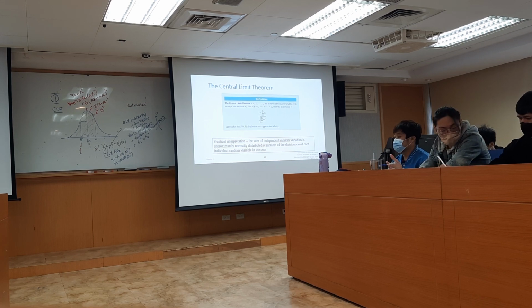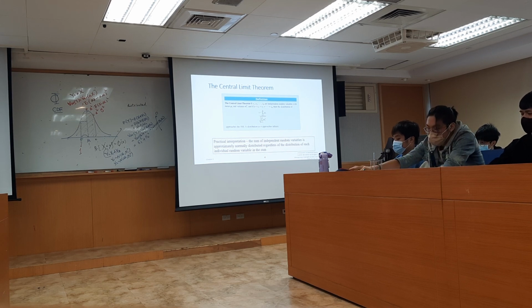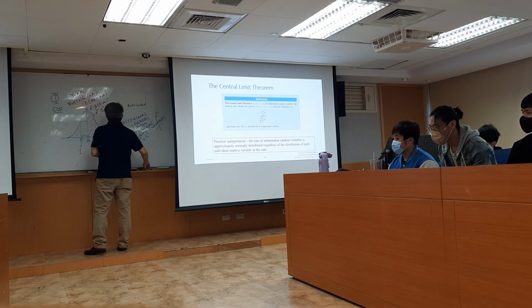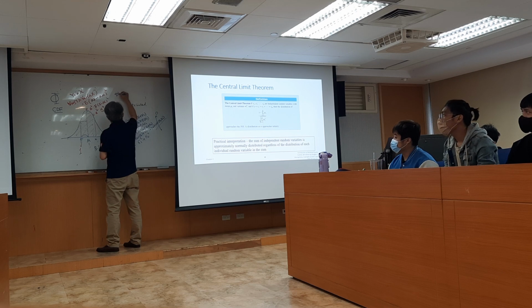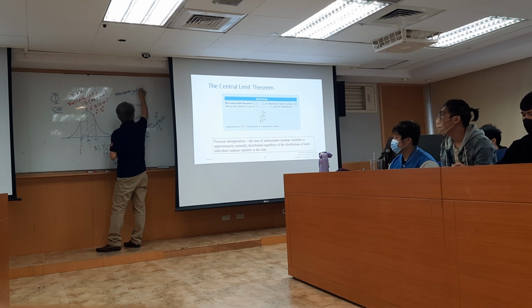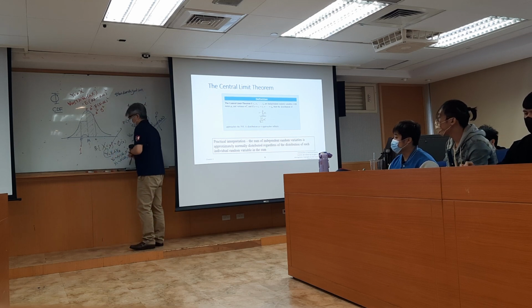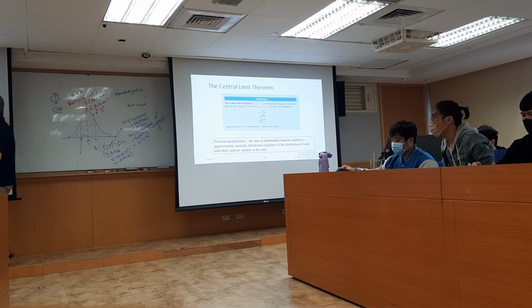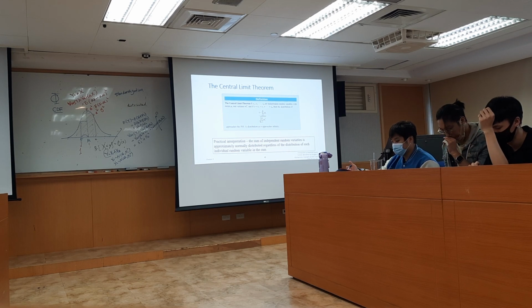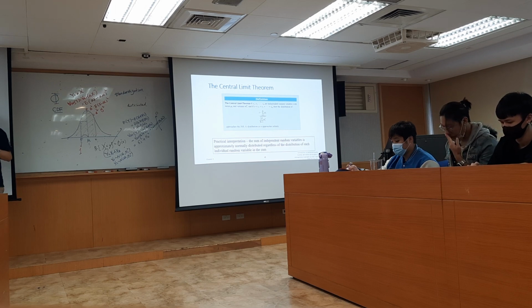Since they are IID, the variance of y equals the variance of x1 to xn, then we take the square root. This is a standardization process. Then subtracting the mean and dividing by the standard deviation, it will be approximately standard normal distributed with zero mean and unit variance.